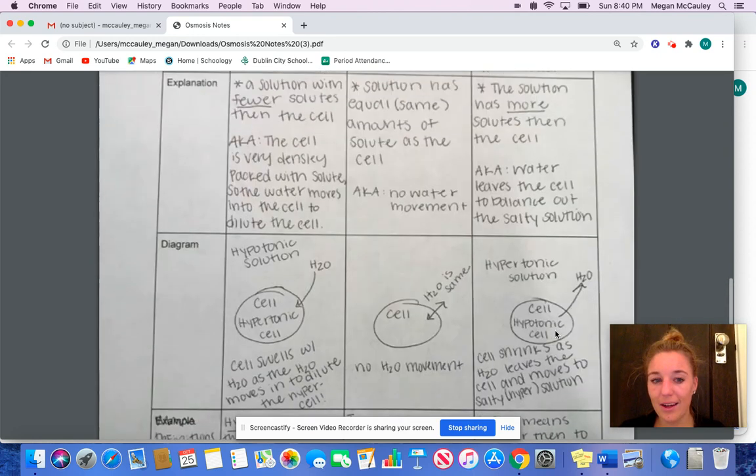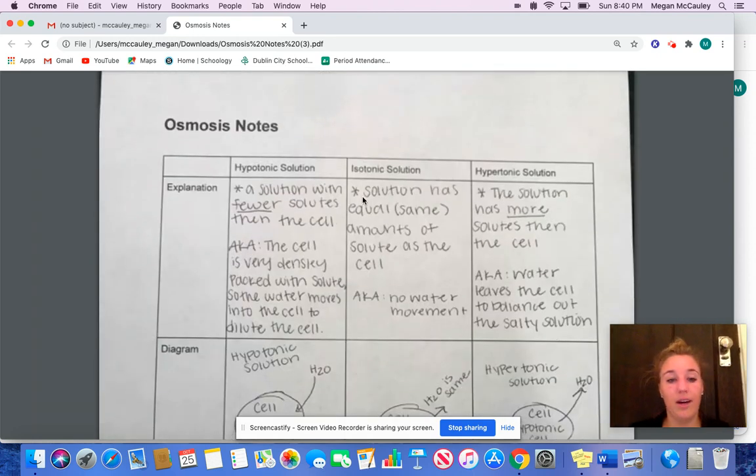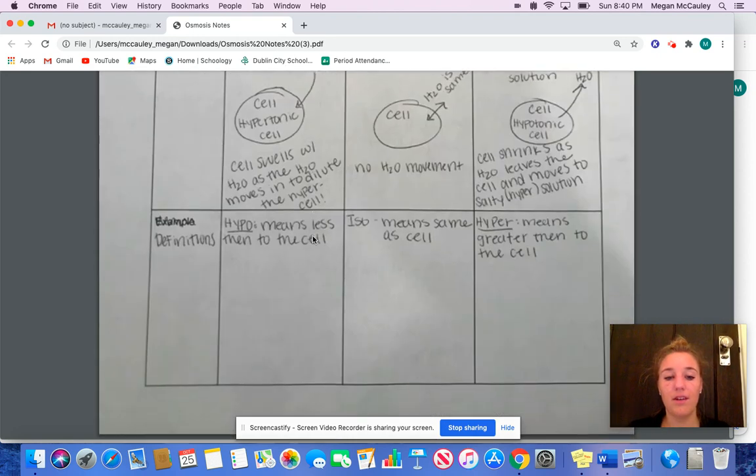Okay, welcome back. So let's talk about each of these: hypotonic, isotonic, and hypertonic solution. In these, we are talking about osmosis, the difference between the cell's concentration of solutes and the outer liquid's concentration of solutes. Let's start with the hypotonic definition.